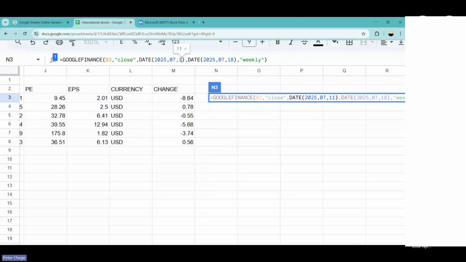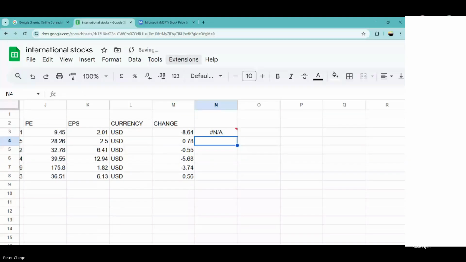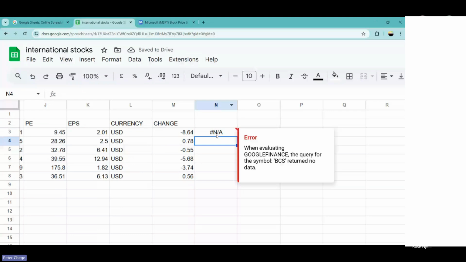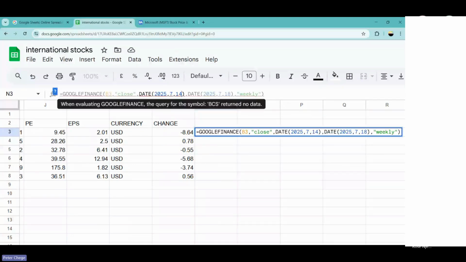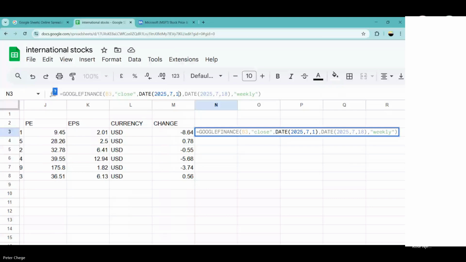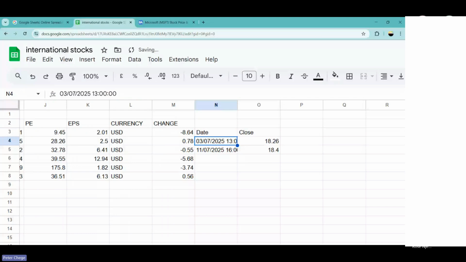Then enter. Oh, it was weekly. You see, now it has picked weekly for the last week, that is last week and this week.